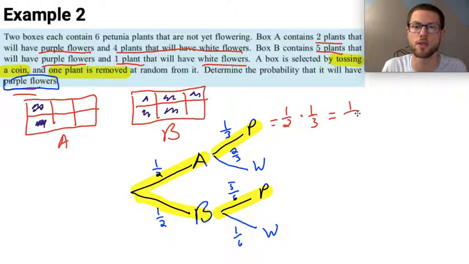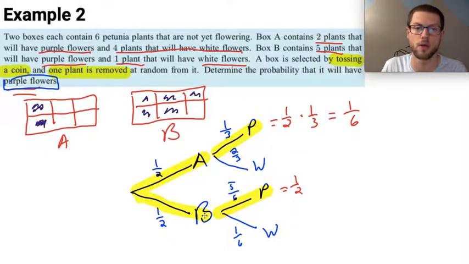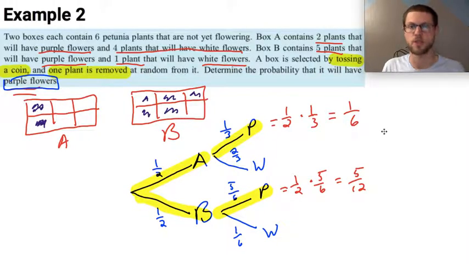So there's a 1 in 6 chance that I will grab a purple flower from box A. And similarly, I'm going to find the probability of 1/2 to select box B times a 5/6 chance of pulling a purple flower out of box B. So that's going to give me a 5/12 chance.